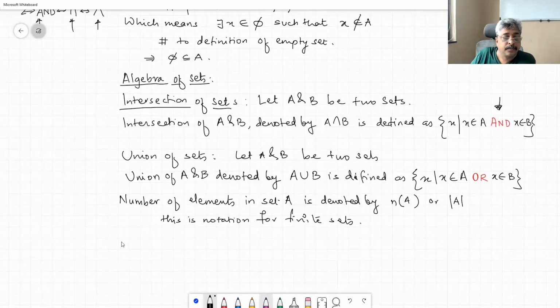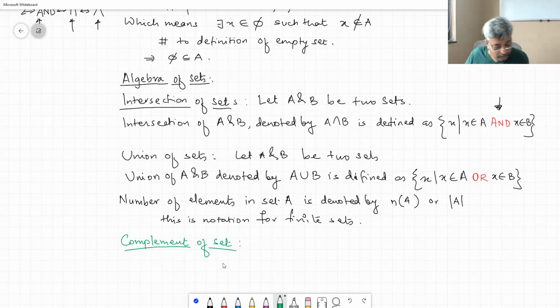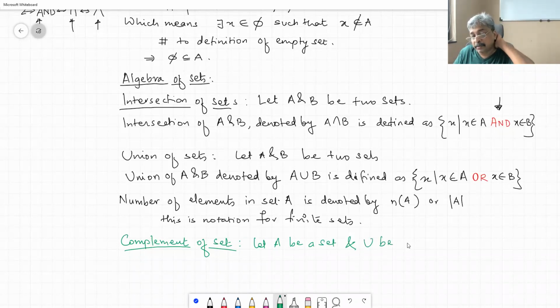Next, complement of set. Let A be a set and U be the universal set.